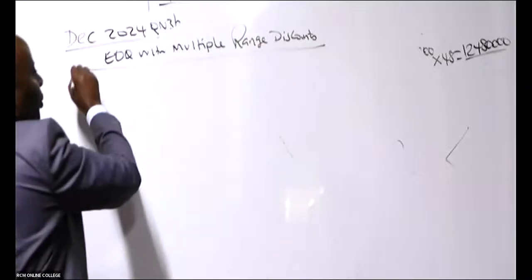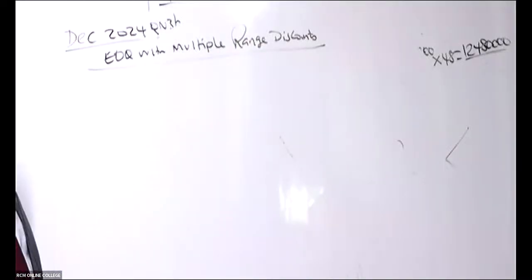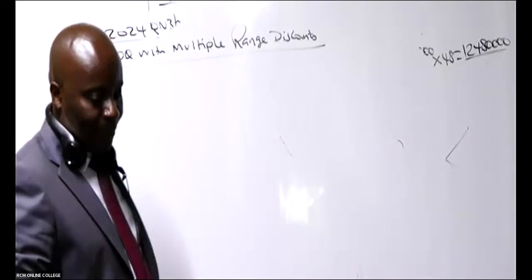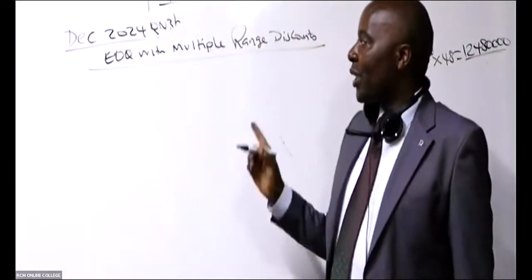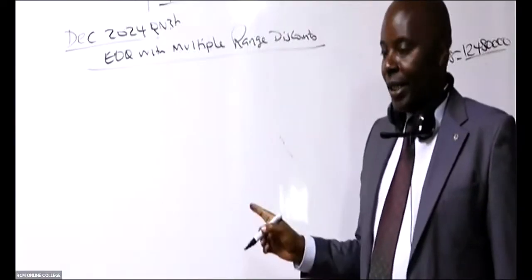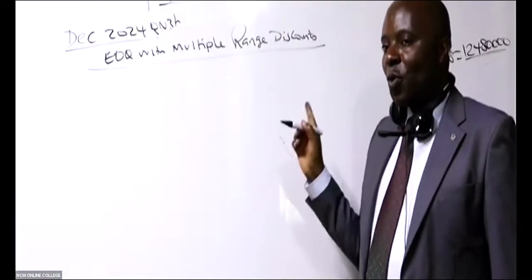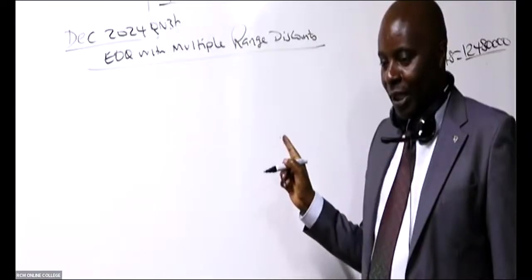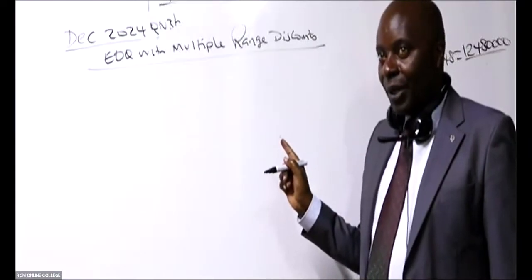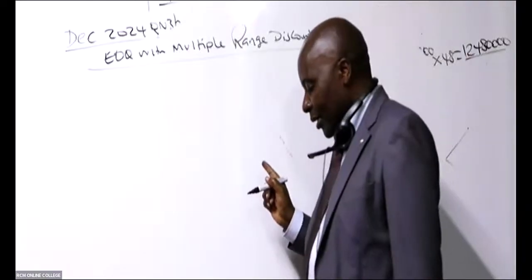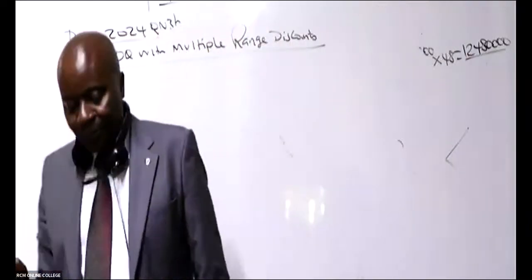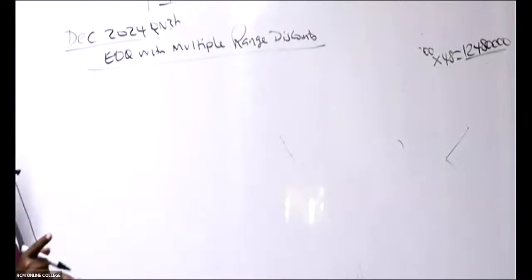Very important before we look at something different. EOQ stands for economic order quantity with multiple range discounts. They brought this in April 2025, and it really disturbed our students, those who are not very serious. Otherwise, if you are serious, this is a very simple thing.